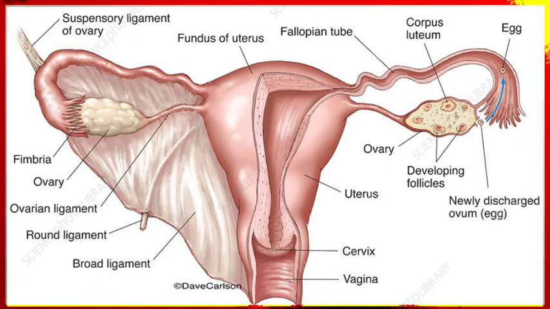However, in the case of a woman, at the time of birth, 2 to 4 million immature oocytes, that is the egg cells, are formed in the ovary of the female fetus. An oocyte matures and is released every month from the beginning of maturity up to the age of menopause.